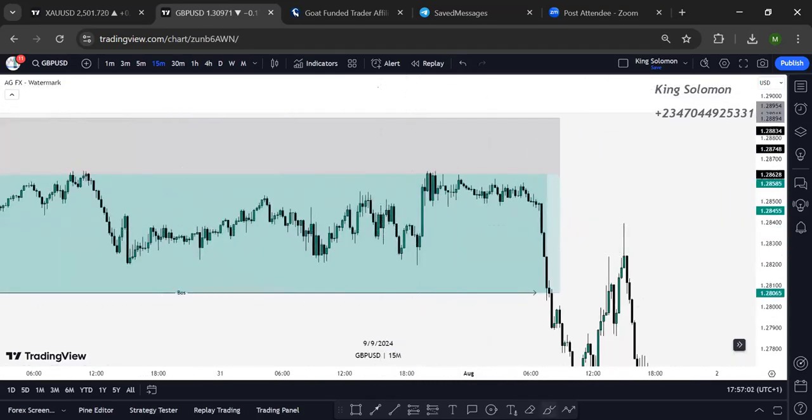I'm sure you can see that price all the way from, let's start from here, went up here, came down here, went up to break structure, came down to probably take out this, maybe as an inducement, and then went up, boom, to take out this one and two substructural highs, right?